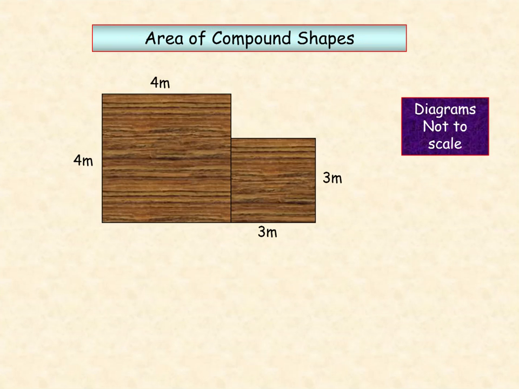Let's have a look at these then. These are two squares. So if I find the area of each square, I can add them together. Area of the first square, area of a square is equal to length times width again. Length and width are the same. So it'll be 4 times 4, which is equal to 16 meters squared.